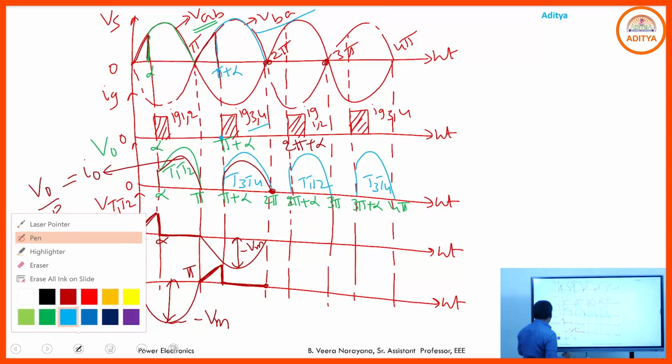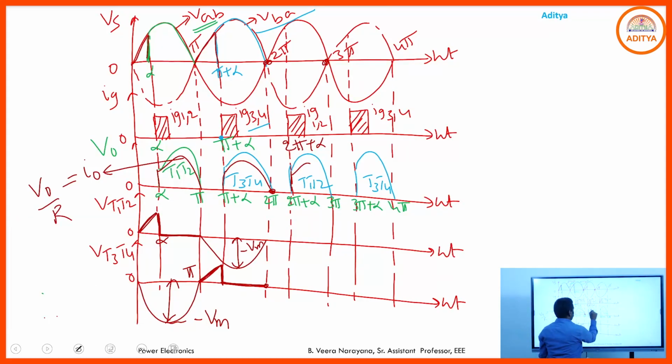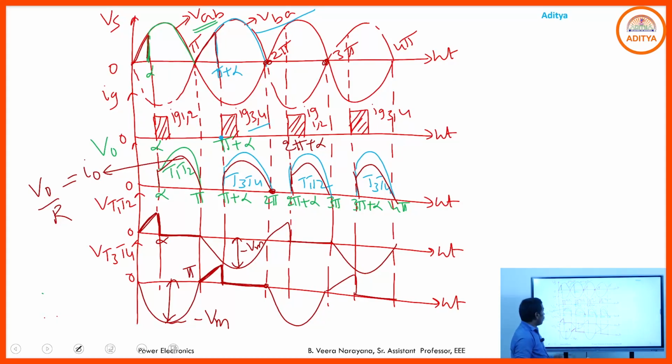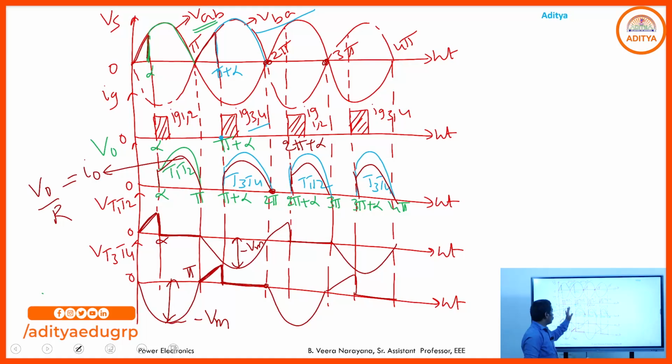Again, if you want to draw the current waveform, like this one, and the voltage across the thyristors from 2 pi to 3 pi: reverse bias, forward bias, on state. So these are the output voltage, output current, voltage across the thyristors VT1, VT2, and voltage across the thyristors VT3 and VT4.